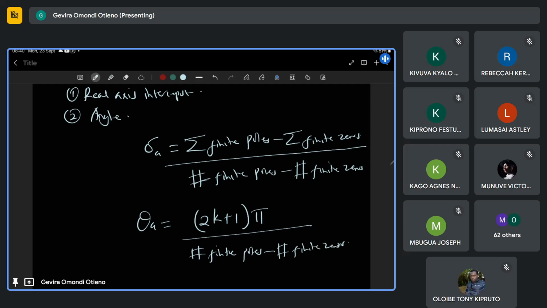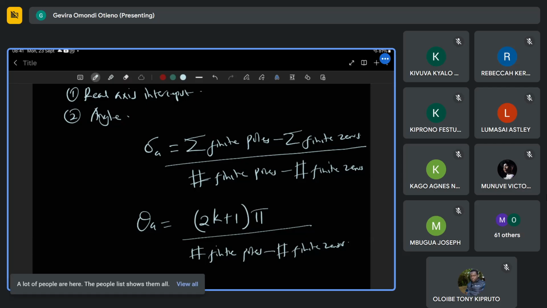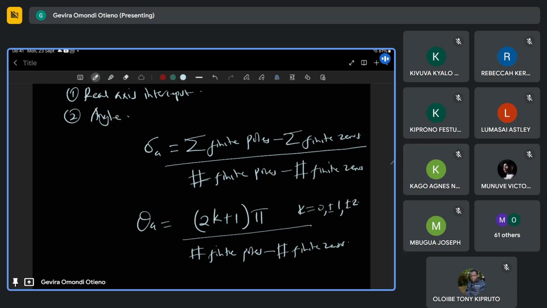We are going through this struggle so that we are able to obtain an asymptote or a pair of straight lines that are going to guide us as to the general direction of the root locus towards infinity. K, as usual, remember I told you, was 0, plus or minus 1, plus or minus 2, and so on and so forth. So that should be very clear.